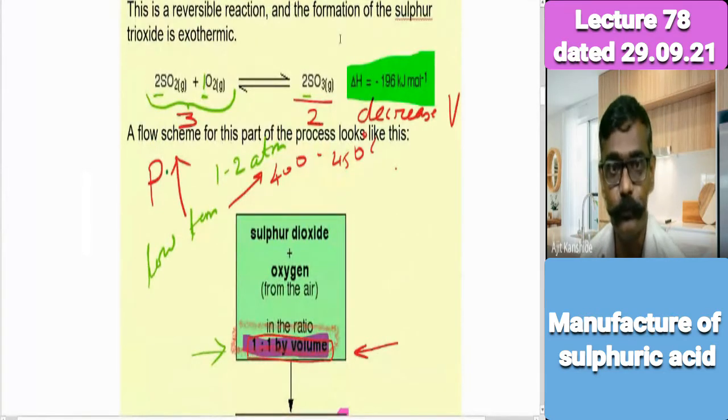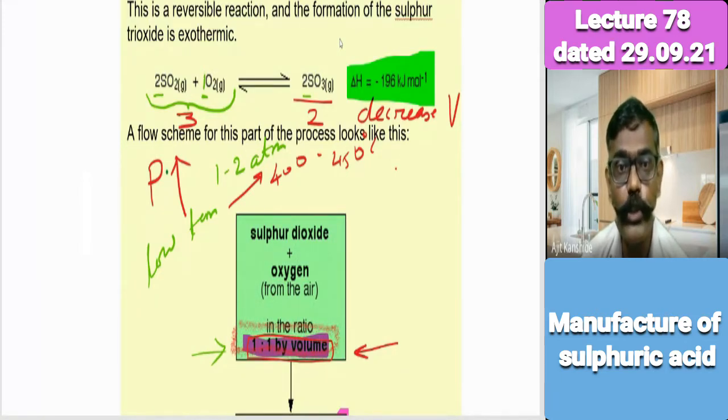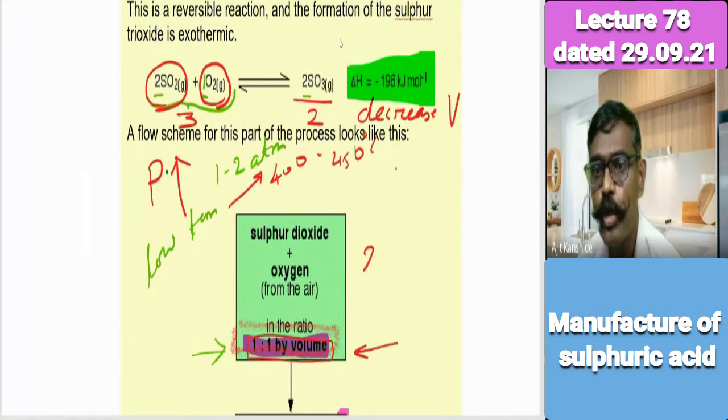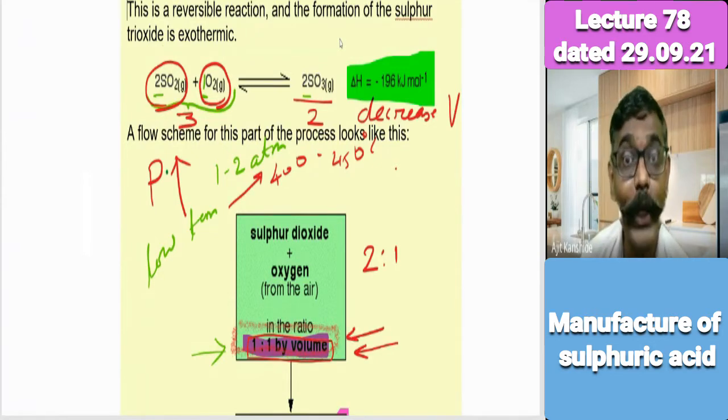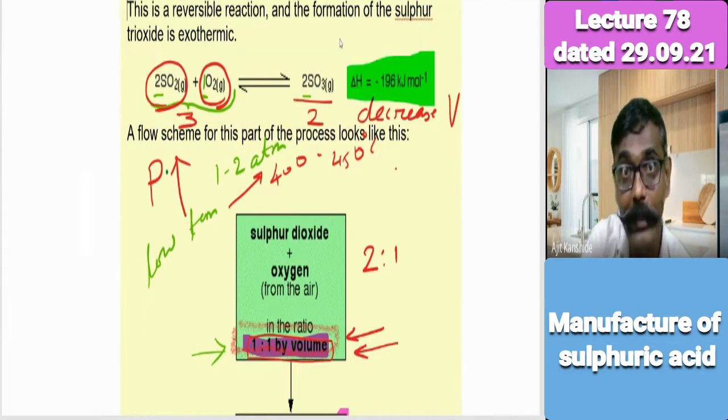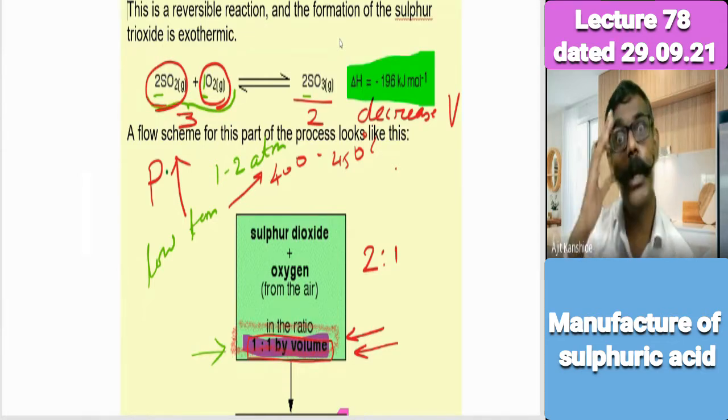About the volumes, what would one think? One would think that two molecules of SO2 and one molecule of O2 should react, so their ratio should be 2 to 1. But what is the reality? The reality is the ratio is 1 to 1. That is the ideal situation, not the reality in practice. People have worked a lot.